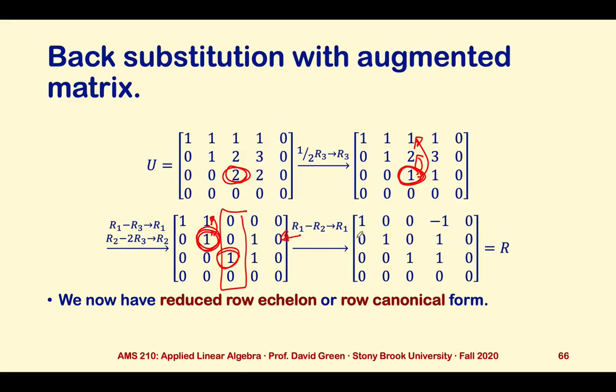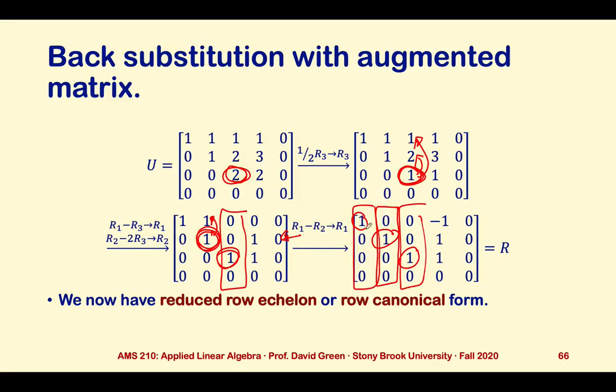We now have successfully eliminated the other entries in this column also. So we have a 1 and all zeros, a 1 and all zeros, and in the upper one, we still have our 1 with all zeros.